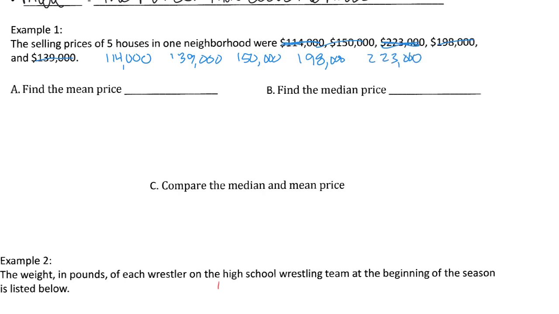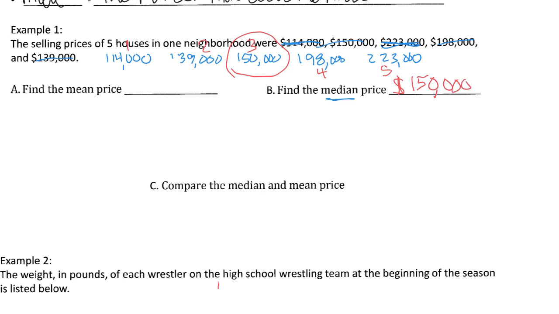So we have to put them in order from least to greatest to find the median. So now it's pretty clear. I'm just going to number these 1, 2, 3, 4, 5. So we have to find the middle number, which in this case is 150. So our median price is 150,000.